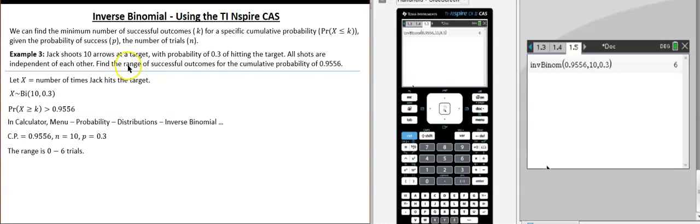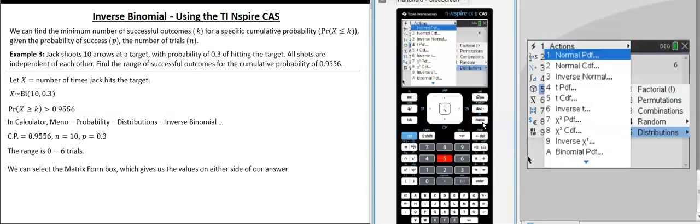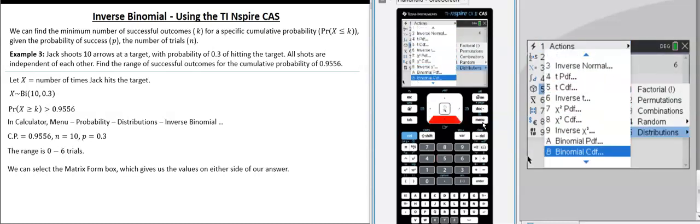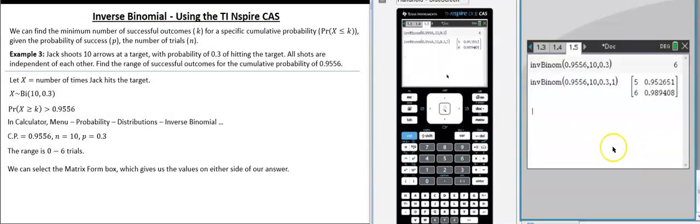If we select the matrix form box and go through all of those again, that gives me, as before, the value at 6 and the value at 5.